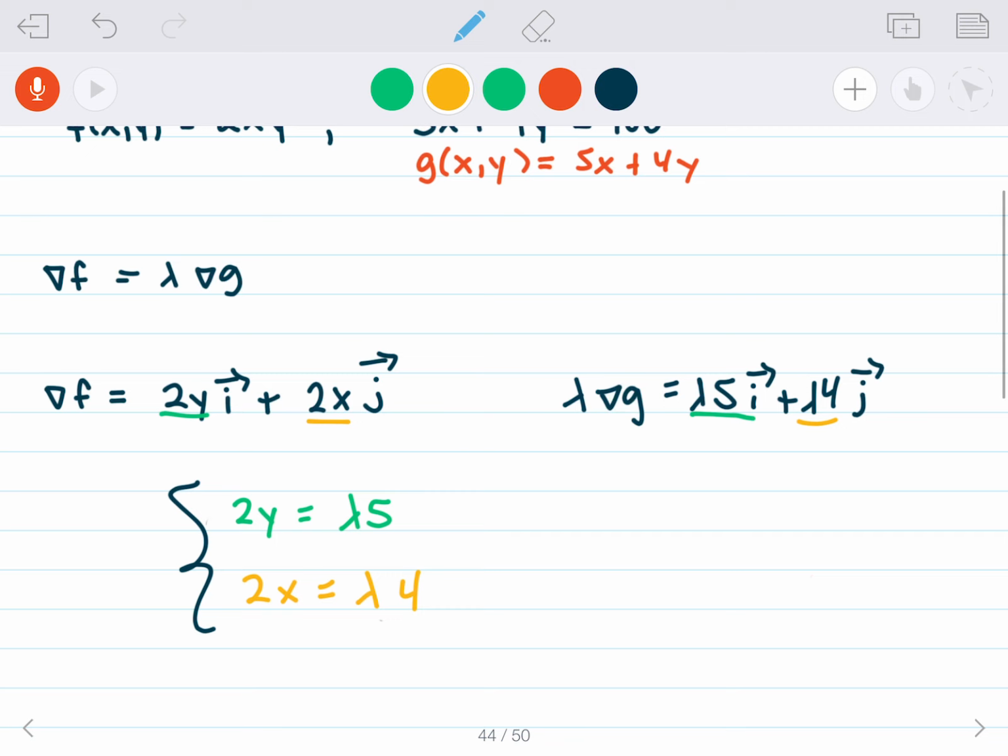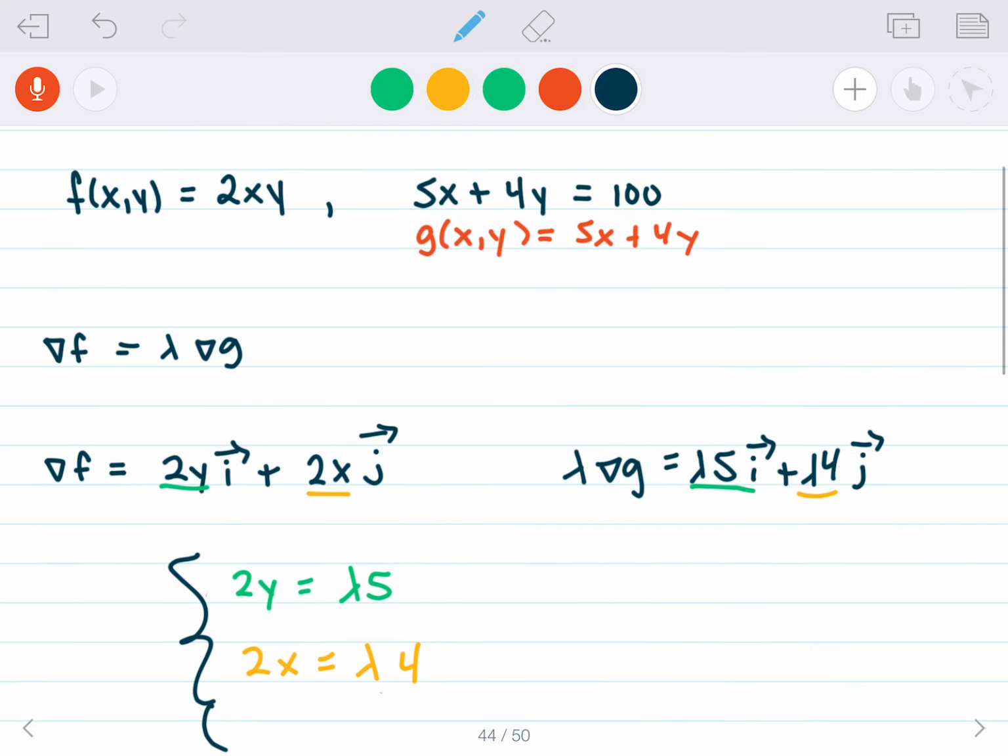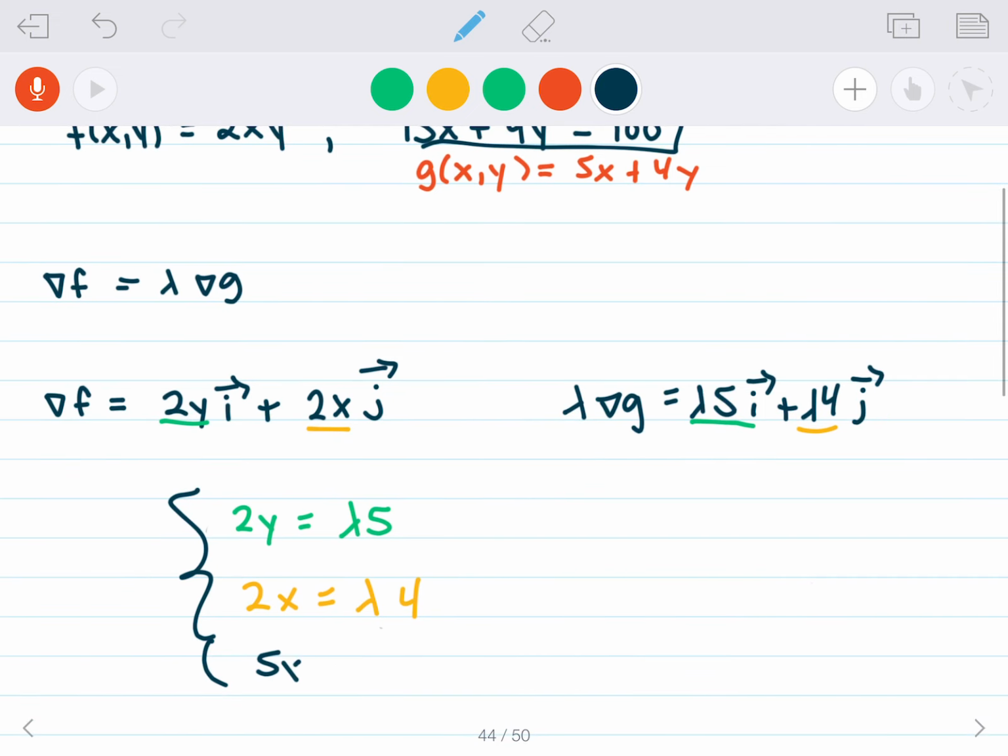And then we have our constraint. Our constraint was 5x plus 4y equals 100. Okay. All right, so this is going to be pretty straightforward, I think.